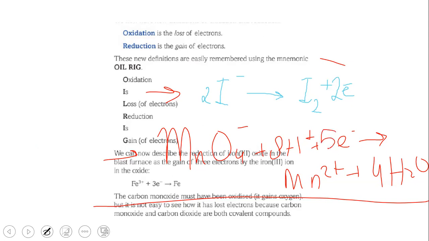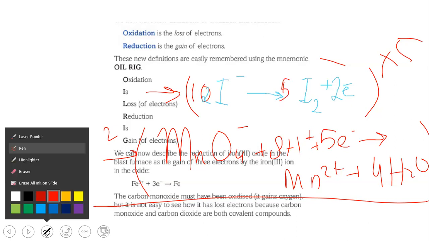We always want to balance the electrons. Can you tell me a possible way to balance the electrons? We multiply the first equation by 5 and the second one by 2. Exactly. So this will become 10I minus gives us what?